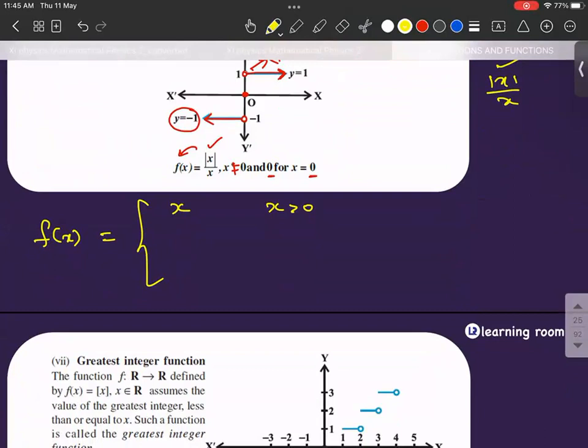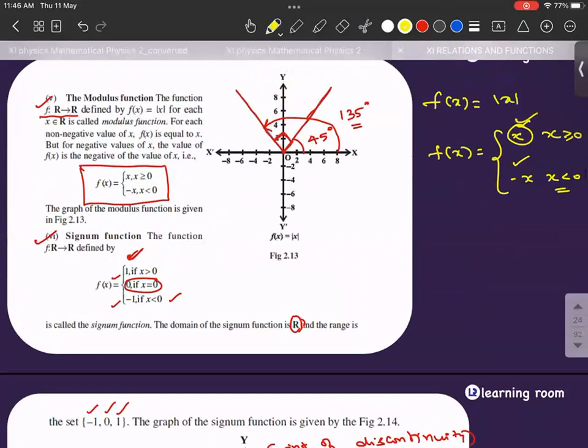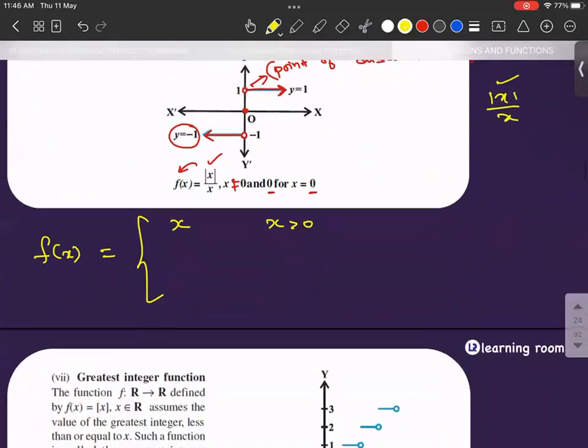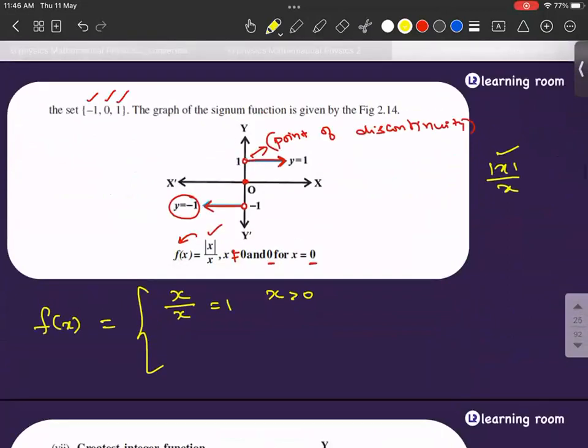So mod x is x when x is greater than 0, correct? Yes, sir. That's what we wrote here. So you will write it as x divided by x. So what is x divided by x? It is 1. That is why you wrote 1.